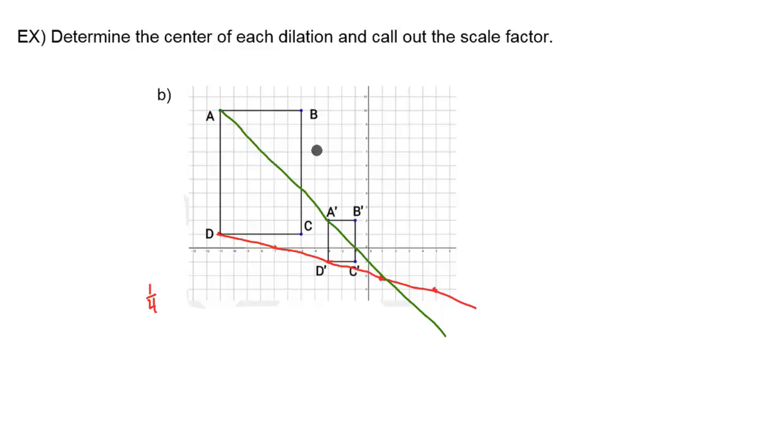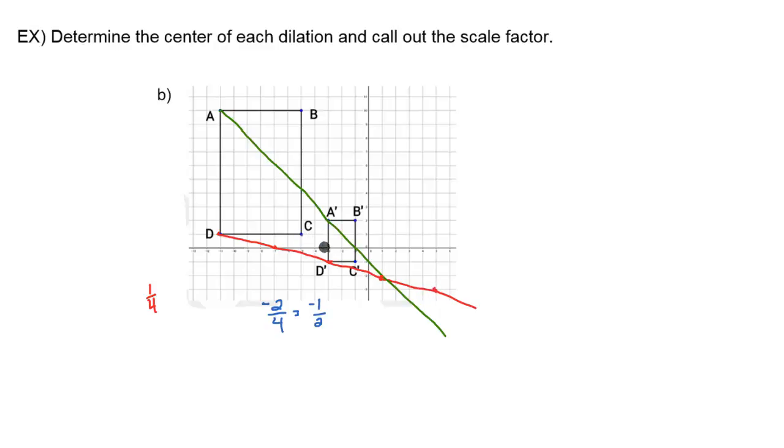Let's run one more line through it just to be sure, and let's stick with the one that's closest. C, we'll do these two. So with C we go down 1, 2, and then over 1, 2, 3, 4. So if we go down 2 and then over 4, that slope reduces to down 1 over 2, and that's what I'm going to use to continue my line.